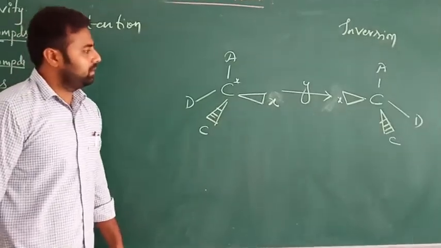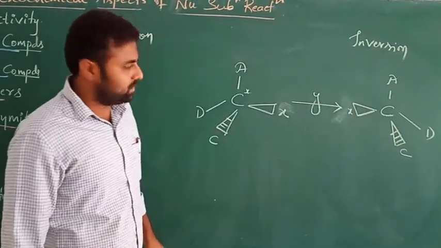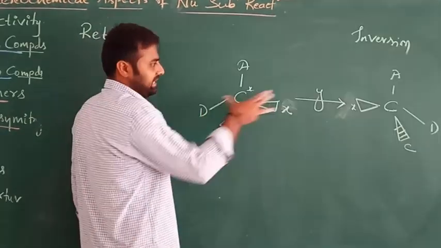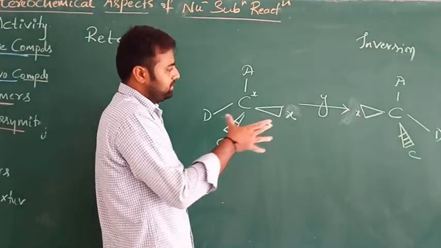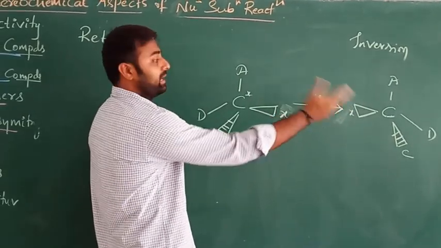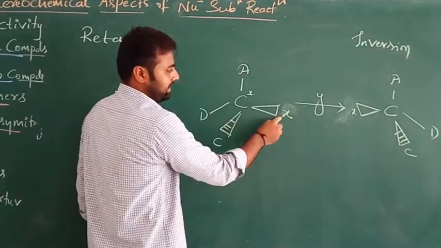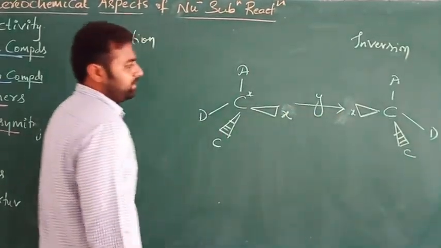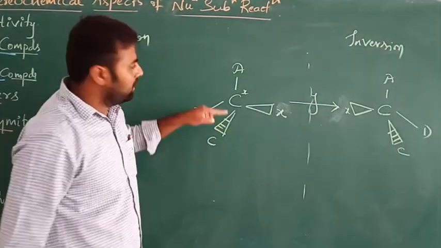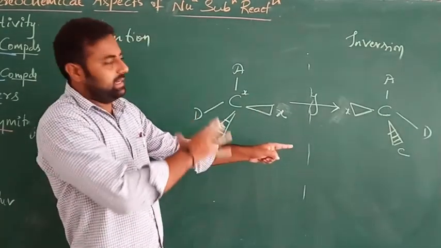Here you can see that the configuration of the product is changed when the reaction is completed. If you look at these two diagrams, the product molecule looks exactly like a mirror image of this molecule. You can see X is near to X. That means the configuration is changed.